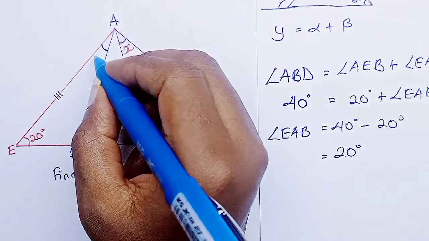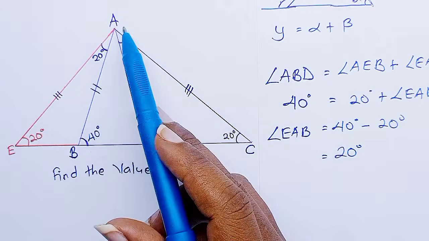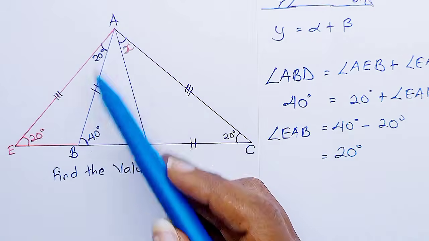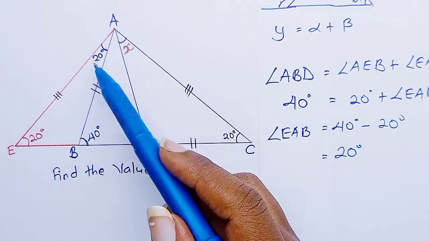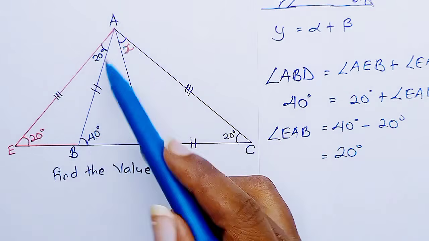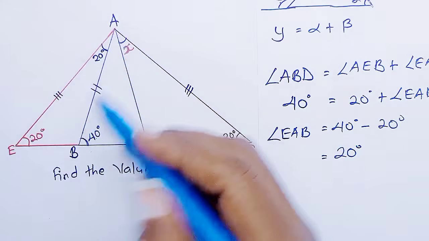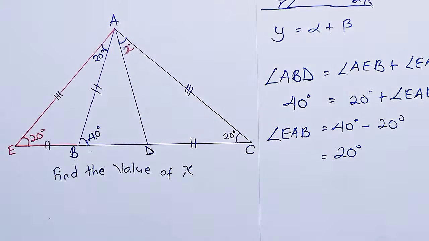Therefore, this angle here is 20 degrees. Now, since in this triangle BAE, this angle is 20 degrees and also this angle is 20 degrees, that implies that this triangle is also an isosceles triangle, implying that this side AB is equal to side EB. Okay? Although the diagram is not to scale.